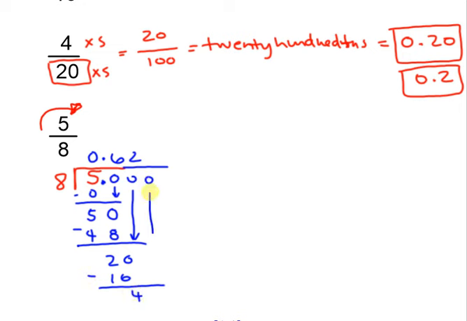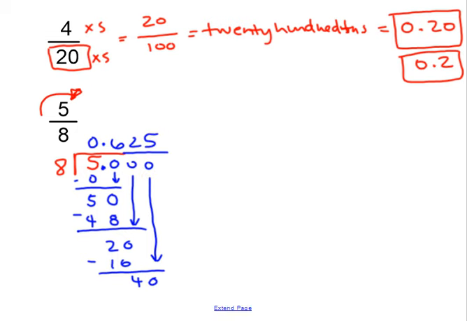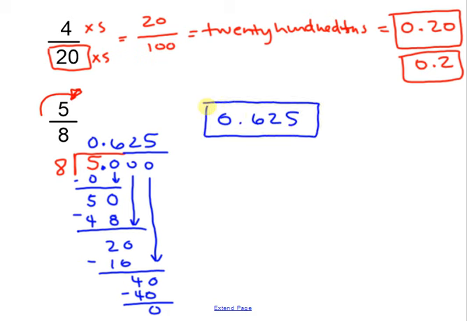Add a 0, bring it down. 8 goes into 40, 5 times. 5 times 8 is 40. Subtract. 40 minus 40 is 0. So our answer here is 0.625. So 5/8 is the same as 0.625.